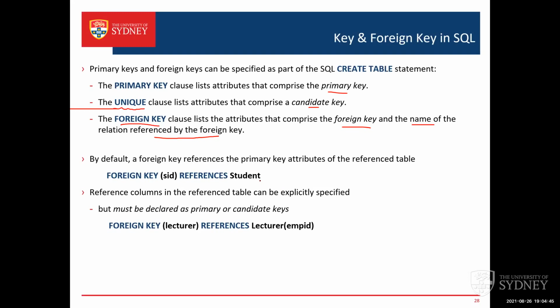If you don't mention anything, by default, it will point to the candidate keys, or actually the primary key that you have selected from the set of candidate keys. So if you are simply writing references student, this SID will point to the student table's primary key, which is SID, by default. If you want to point to something other than the primary key, you can explicitly say which attribute this one is pointing to.